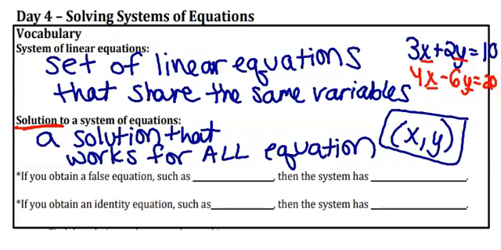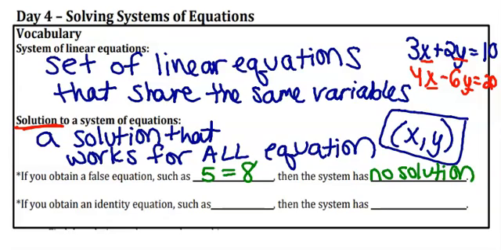Okay? If you obtain a false equation, meaning you solve it and you get something like 5 equals 8, that means all your variables went away. Then this system has no solution, meaning that they do not intersect at any point. You and your friend check each other's schedules and you have no classes in common, therefore no solution.